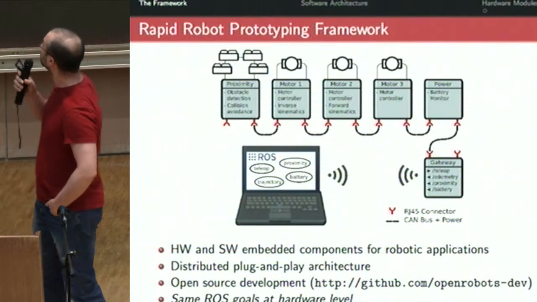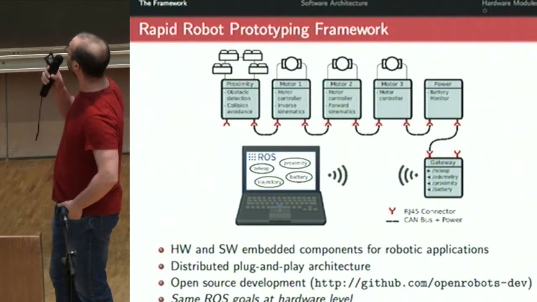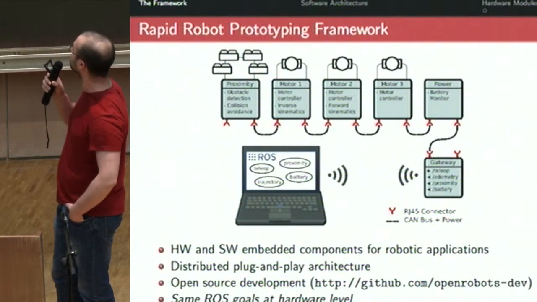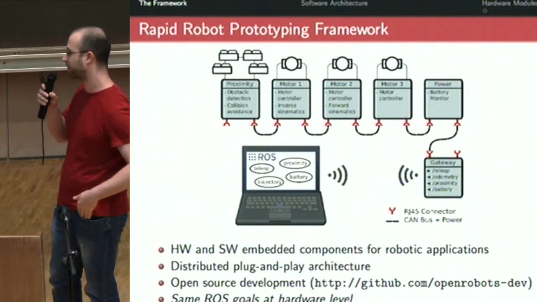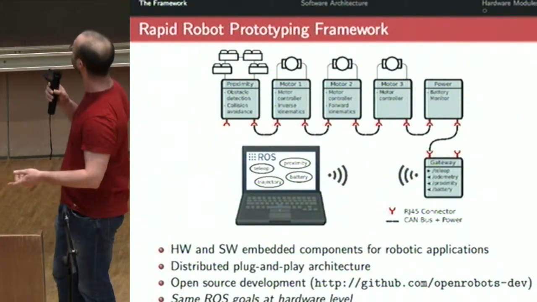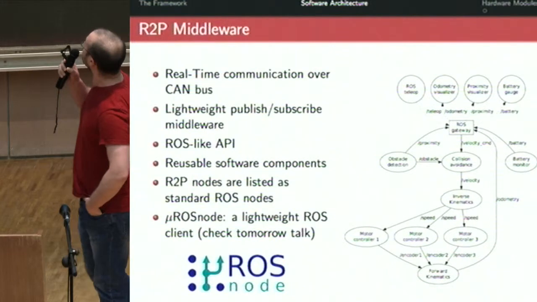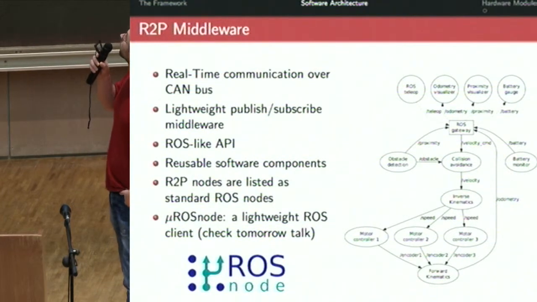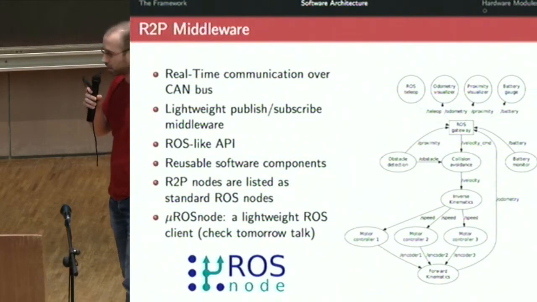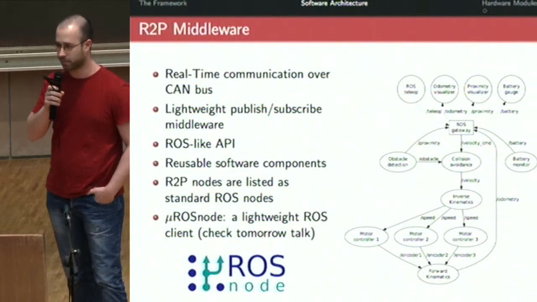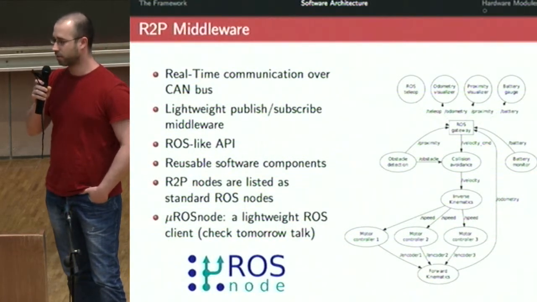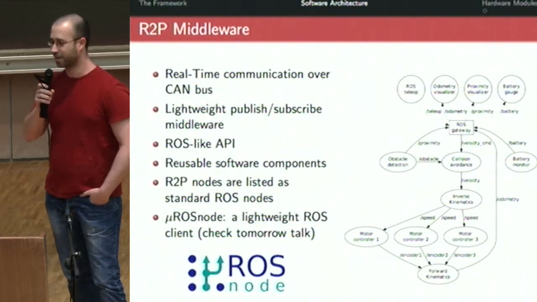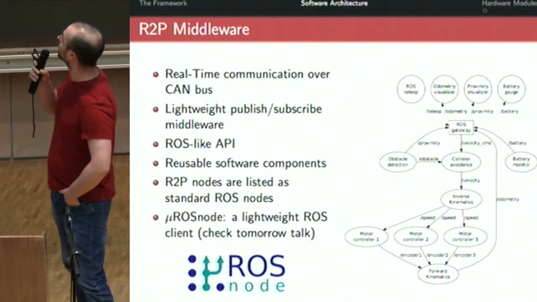It's open source from both the hardware and software point of view, and basically we have the same goal as ROS, I can say, but applied to the hardware level. The boards are connected through a CAN bus protocol, which we need for real-time performance, and the users use a lightweight publish-subscribe middleware.